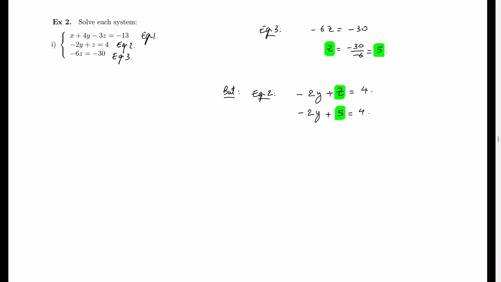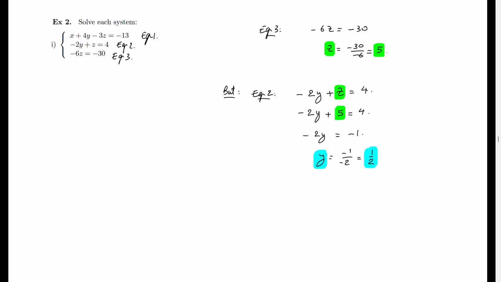I need to isolate y, so I'm going to move the 5 to the other side by subtracting 5. 4 minus 5 is negative 1. And now I get that y is negative 1 over negative 2, which is the same thing as 1/2. And so there we go, we have the second variable that we need to find.